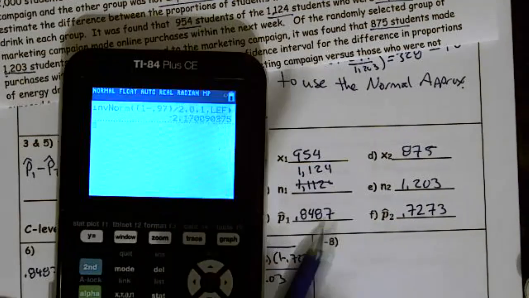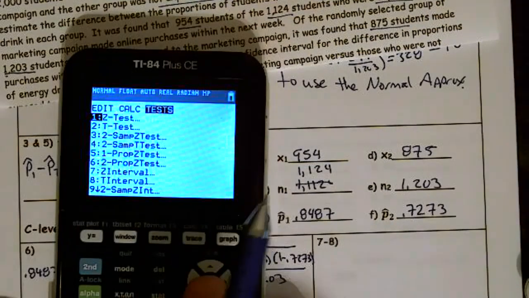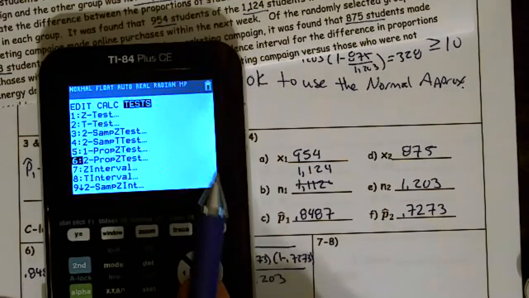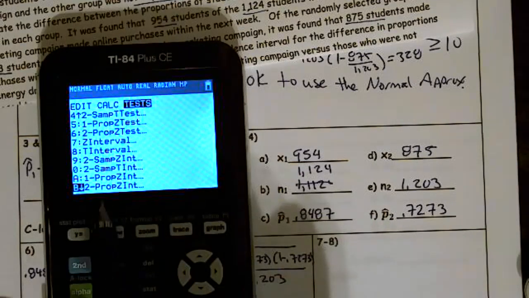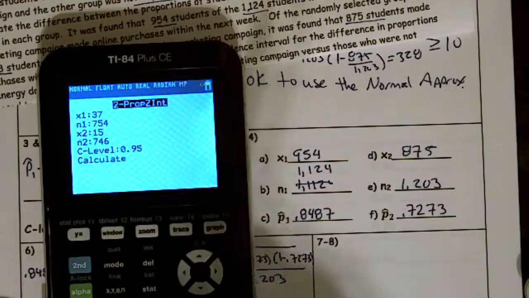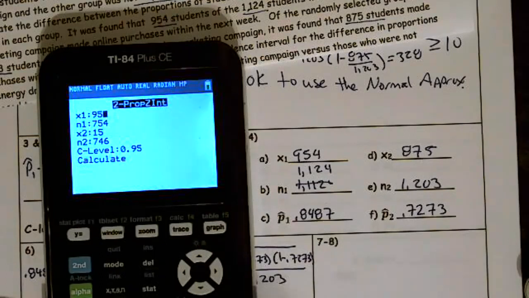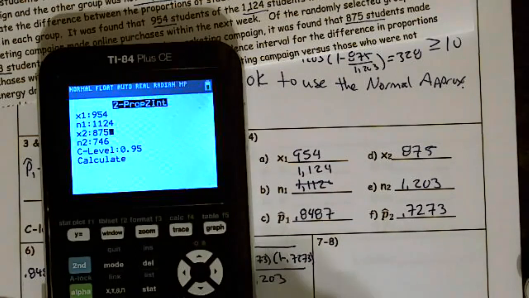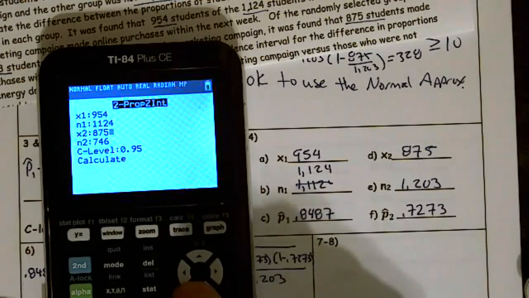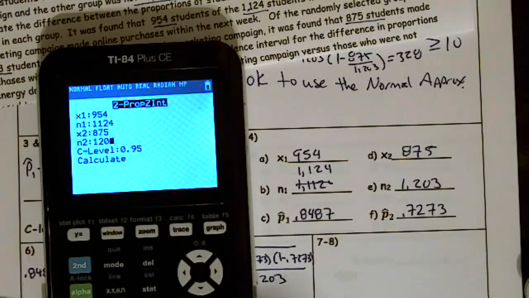All right, so we're going to go ahead and run the test. Stat test, two proportion Z interval, which is letter B. And we have 954 divided by 1124, x2 875 divided by 1203, and we need to change this to 0.97.